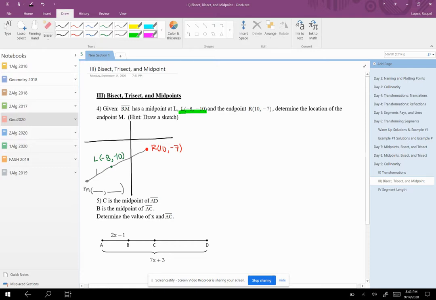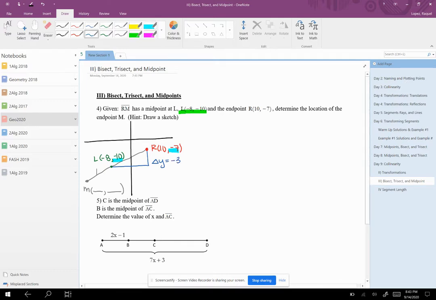To help us find that, one way we can do it, because we know in math there are multiple pathways to arrive at your answer, is by using the slope. So we're going to figure out what our change in y was. To get from one of my endpoints R to L, I went from -7 to -10, and that was a change in y of 3.